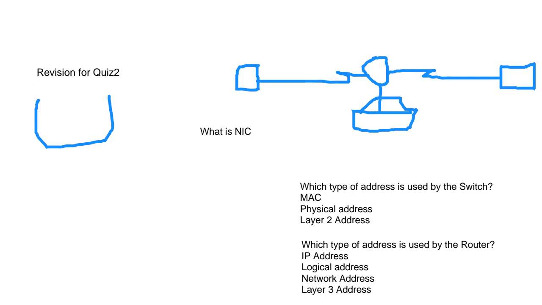TCP is reliable. It is connection oriented. UDP is faster, but it is connectionless and it is not reliable. Give me an example of an application that uses TCP. Email. Give me an application that uses UDP. VoIP, IP telephony. They use UDP. You will read this, right? Please go over the PowerPoints.